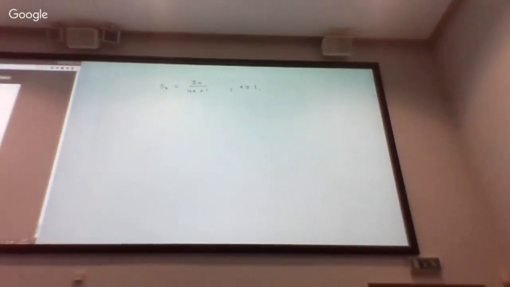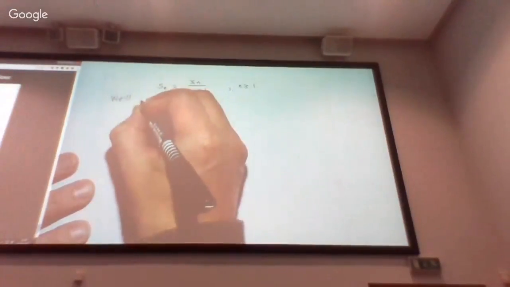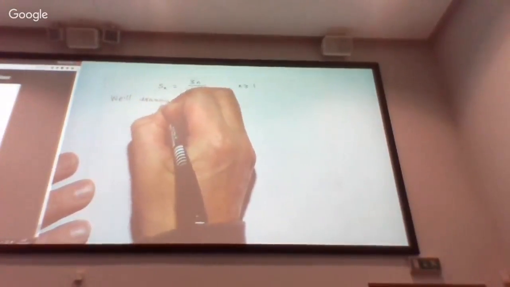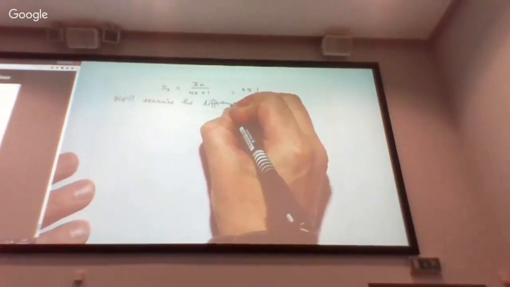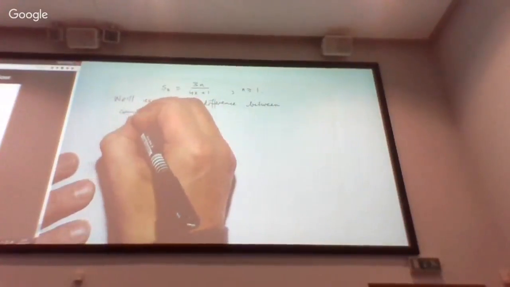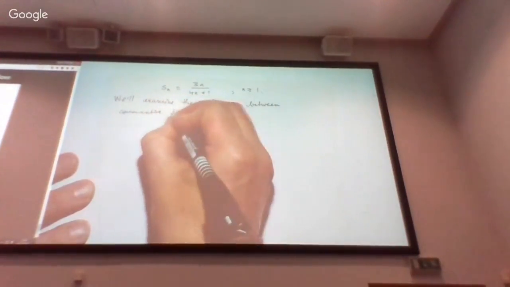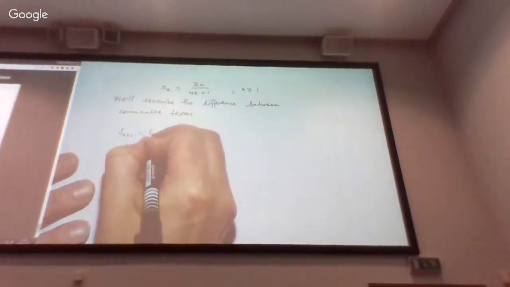So that's what we should do. We should examine Sn. For this one, for variety, we'll examine the difference between consecutive terms. So we'll look at Sn plus 1 minus Sn.